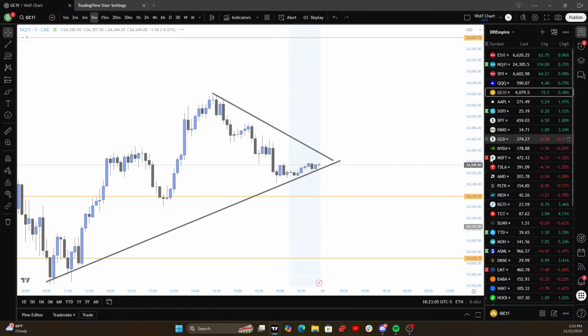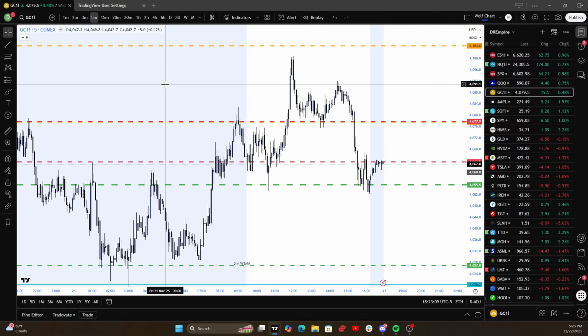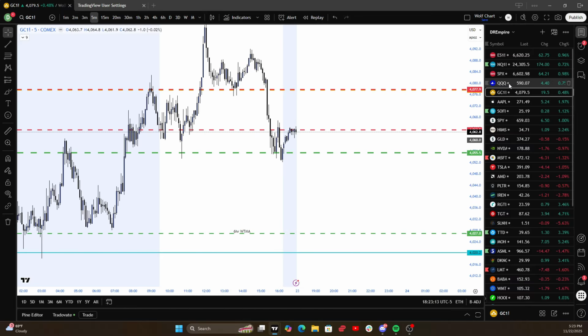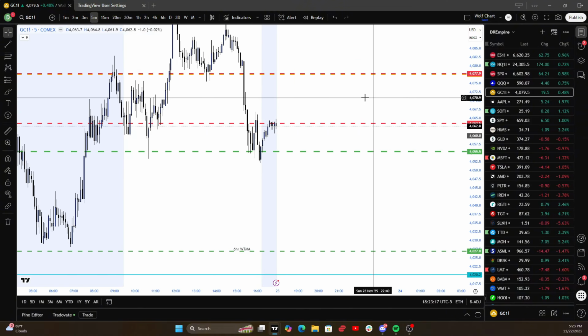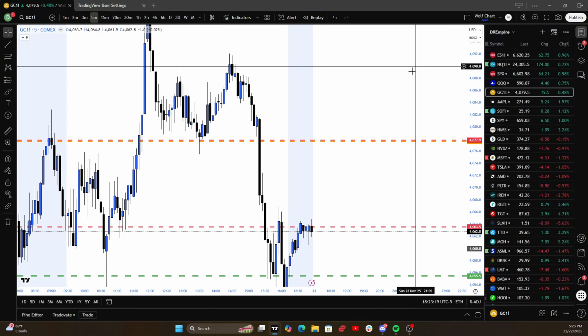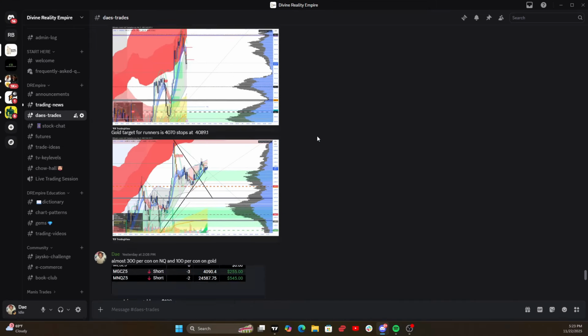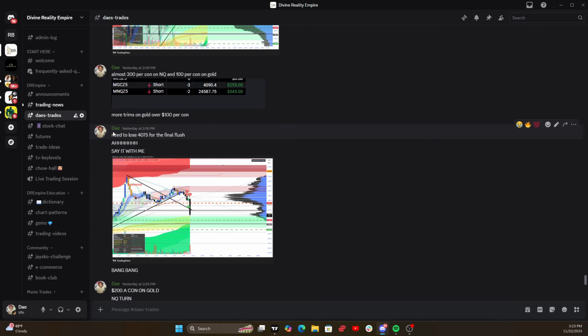I think I deleted all my gold drawings. But I had a triangle on gold, and it broke out of that triangle and made a move up, made a move down. You can see on gold, I have a whole bunch of lines. And so this 4075 level, let's go to the Discord, and you can see, need to lose 4075 for the final flush.